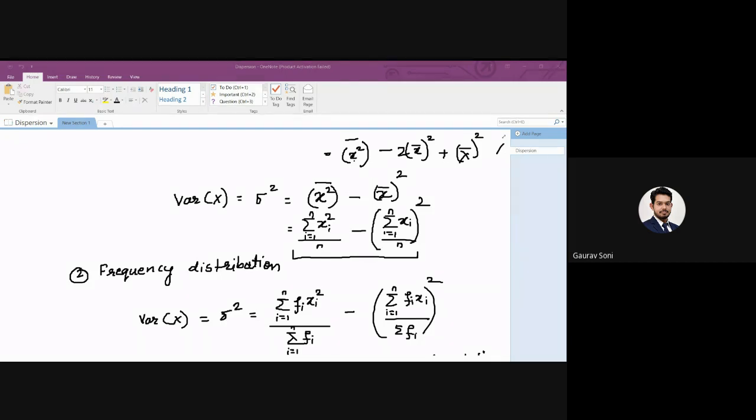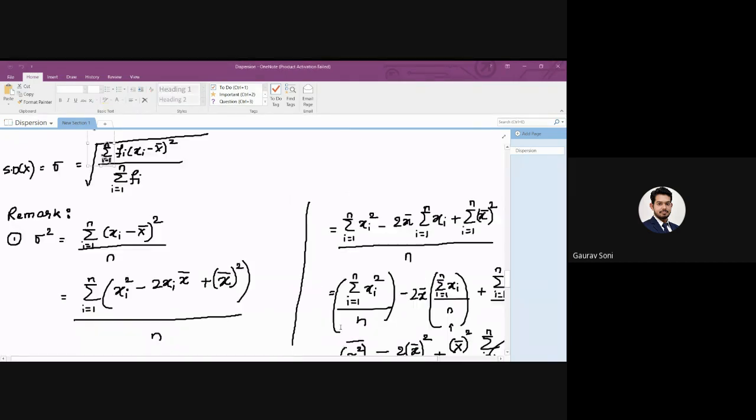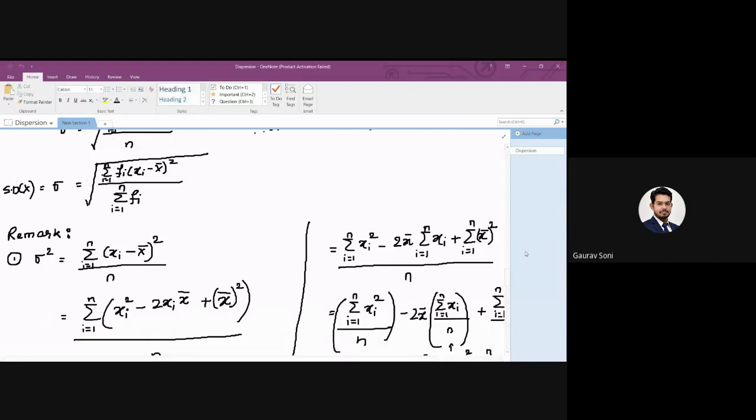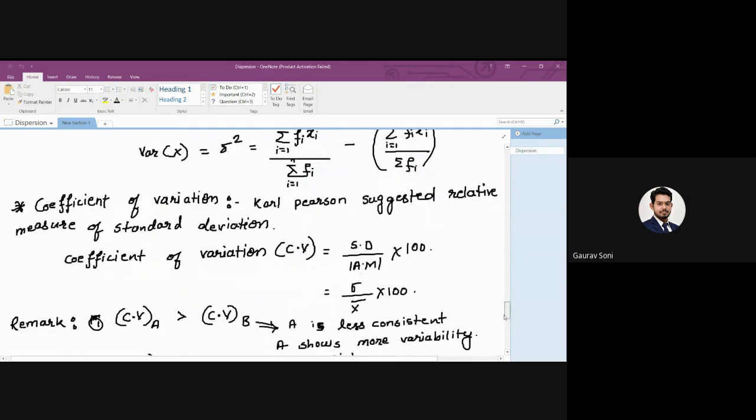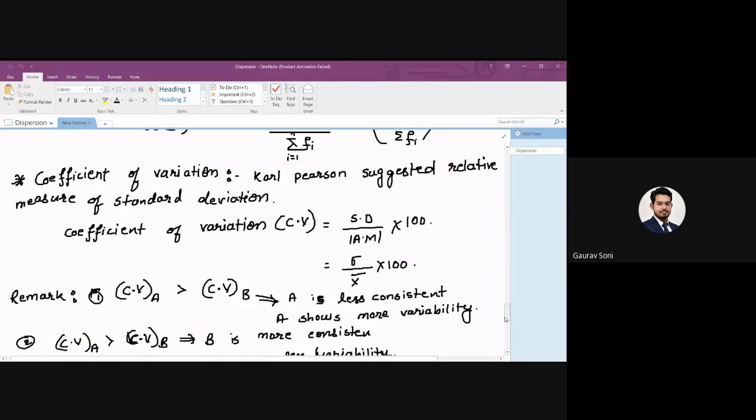Later, the coefficient of variation, in order to compare two groups of data, to determine which one is more consistent or which shows more variability.